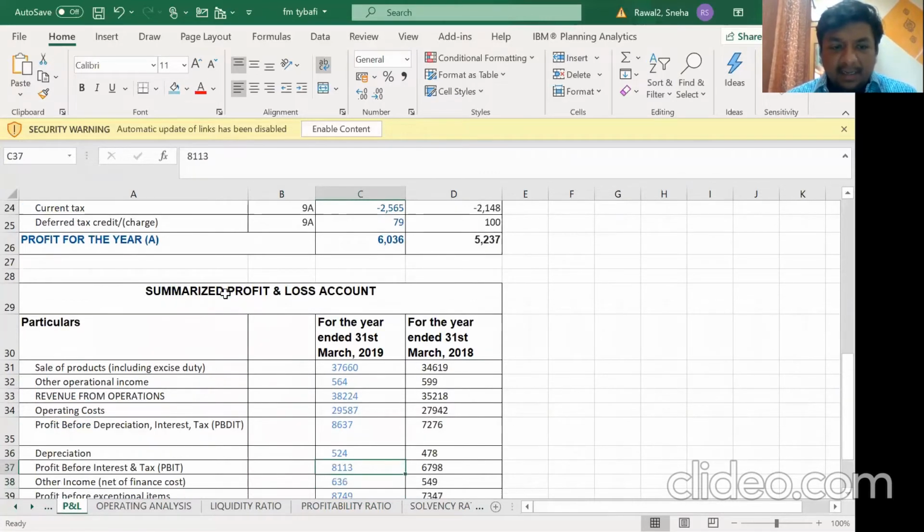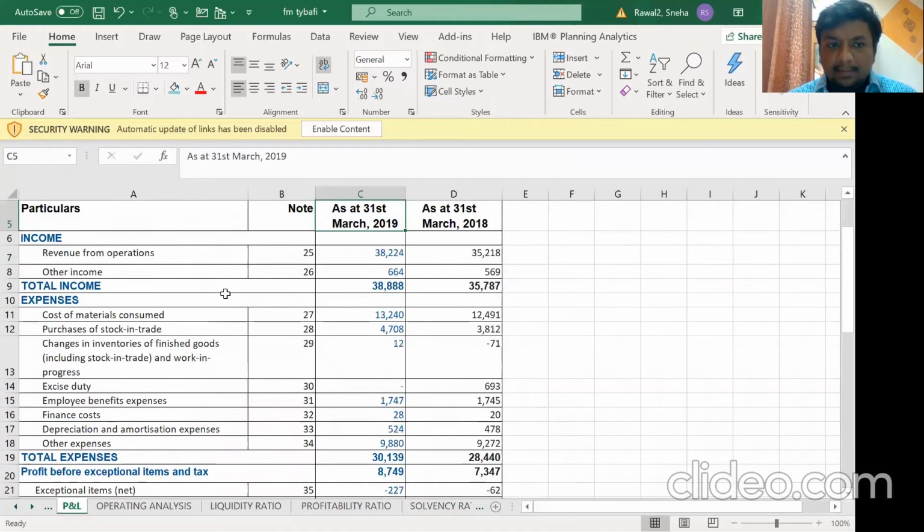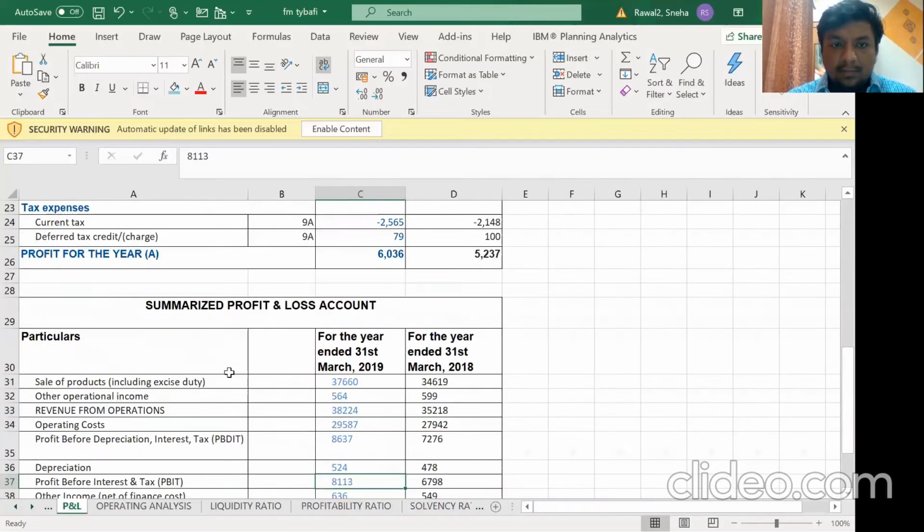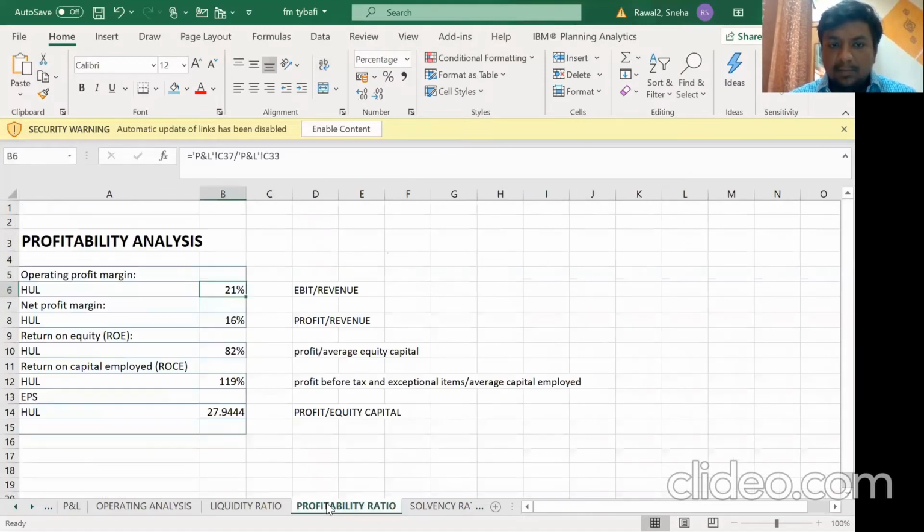We find profit before interest and tax divided by revenue from operations, that is 38,224. So that turns out to be 21%.